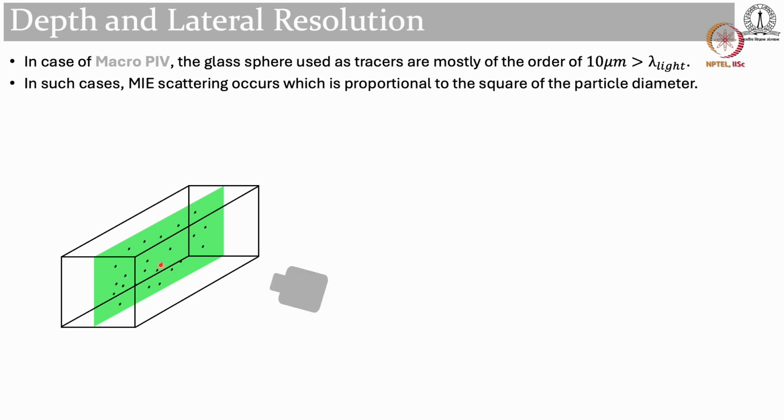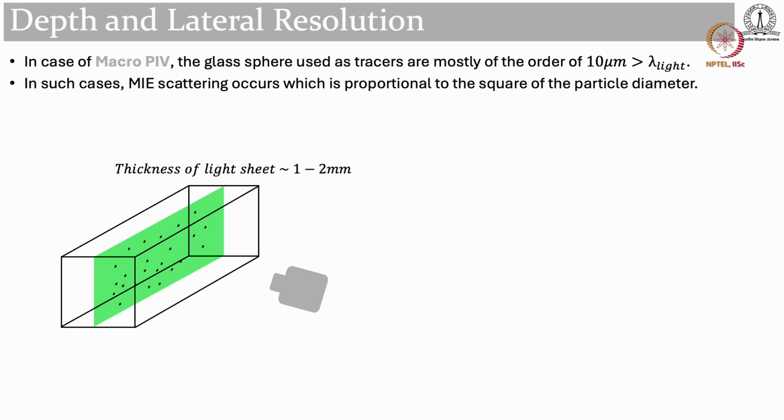The light gets scattered perpendicular to the direction of the camera, and it falls on the camera sensor, and you can record the image exactly in this plane. The thickness of this light sheet can vary from 1 to 2 mm.